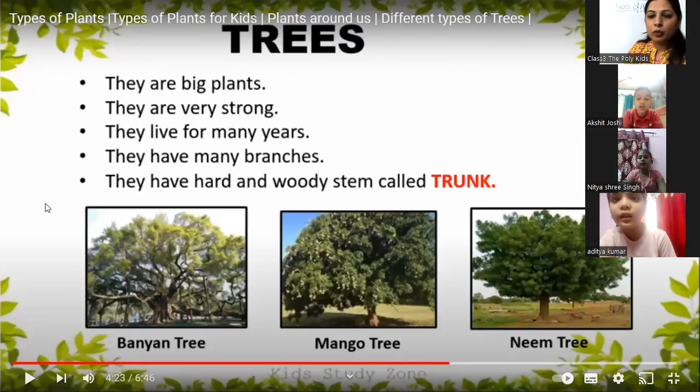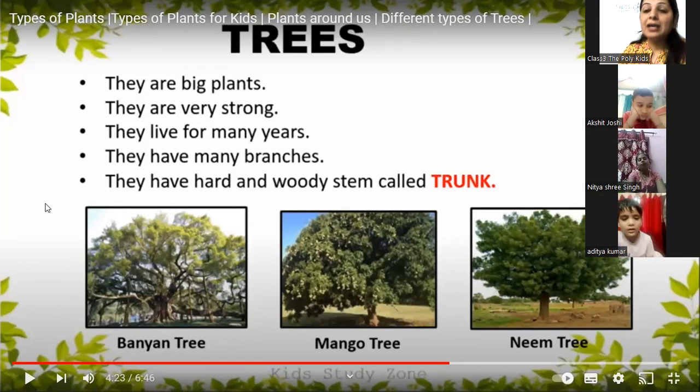Yes, the hard and woody stem of a tree is called trunk. They have so many branches. They are very big in size, and they also live for many years. For example, we have banyan tree, mango tree, neem tree.